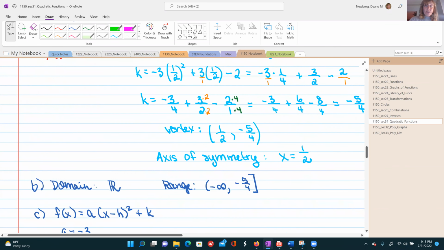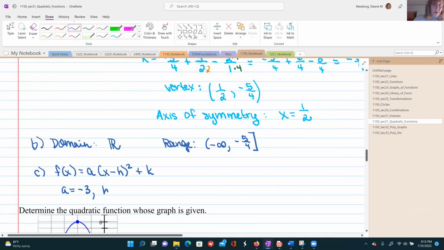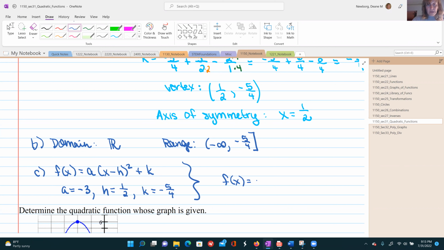Our h is the x coordinate of the vertex, which is 1/2, and our k is the y coordinate of the vertex, which is -5/4. So putting all that together, I get f of x equals -3 times (x minus 1/2) squared, either plus -5/4, I would accept that, or you can write it as minus 5/4.